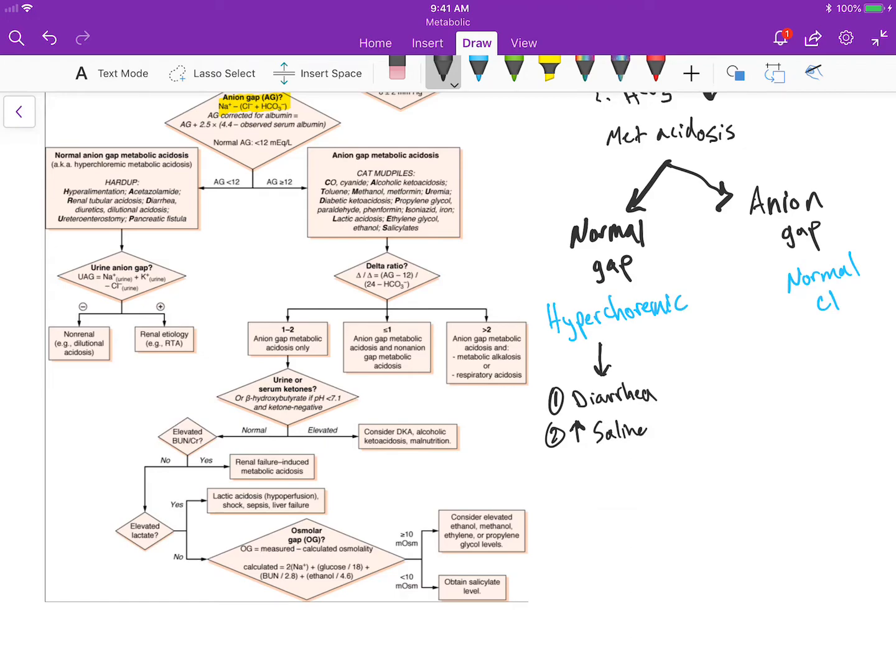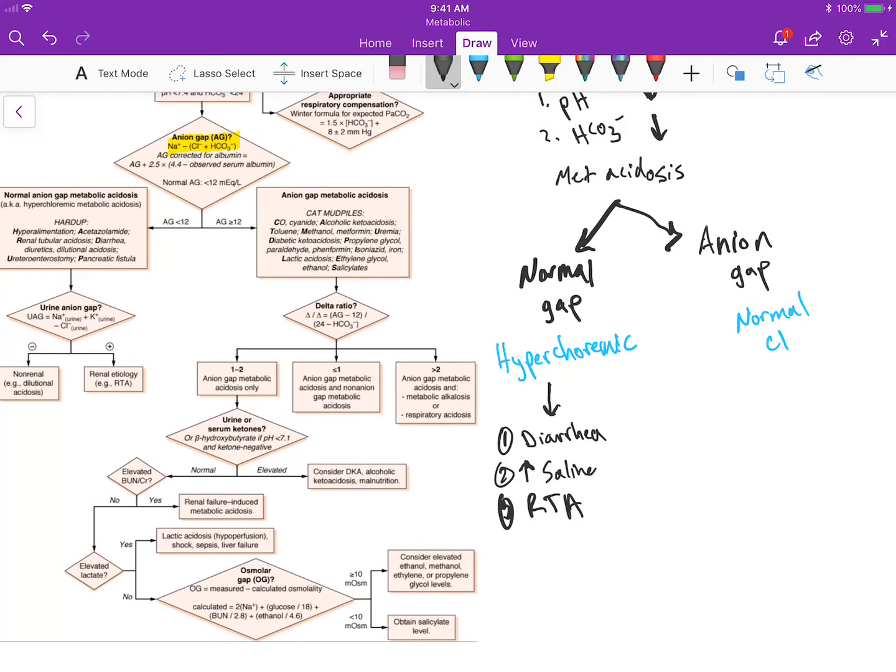Saline has chloride in it, and it can lead to a very large increase in chloride. To maintain electroneutrality, the body is going to decrease bicarb reabsorption, or excrete bicarb. And then there are more rare causes such as renal tubular acidosis, etc.